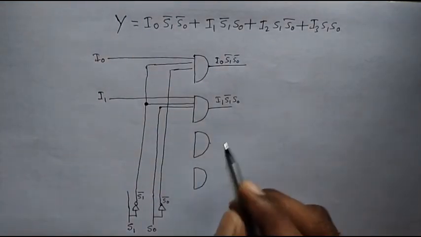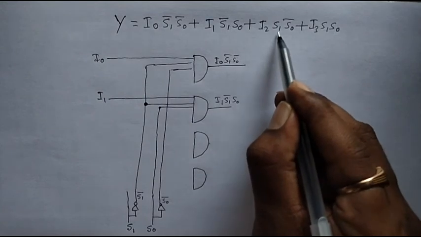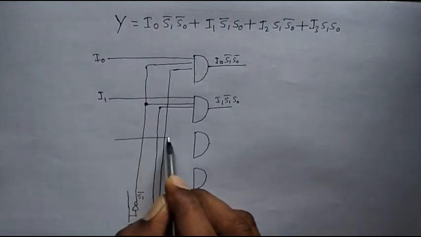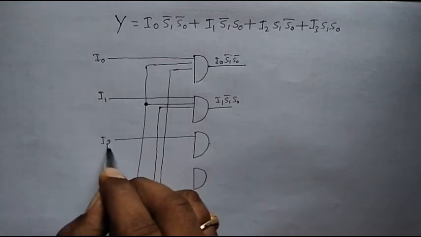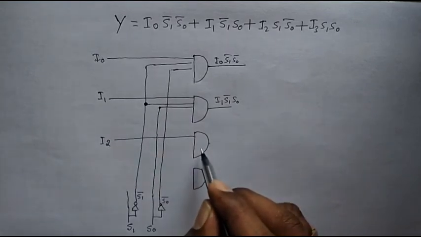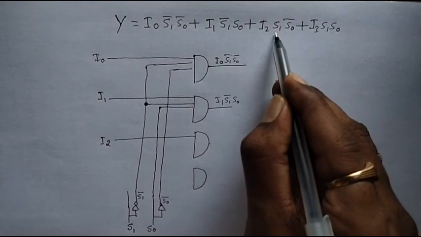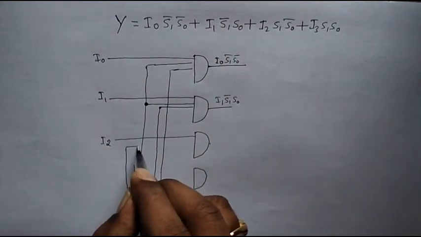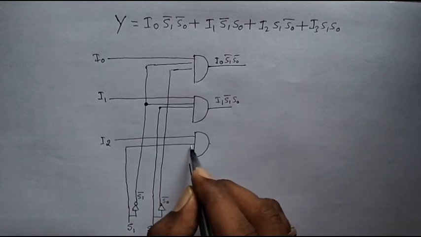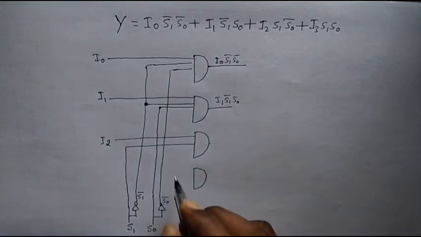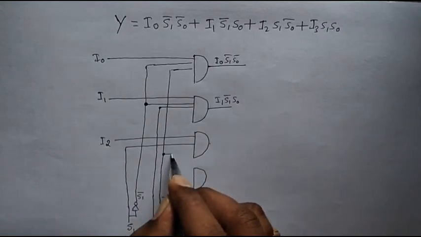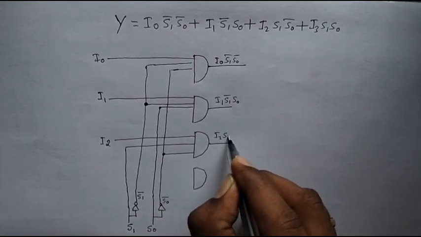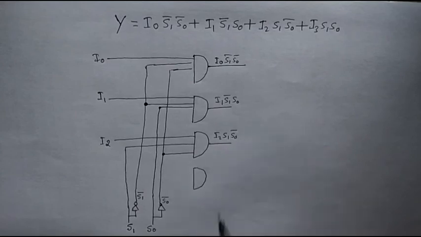Next, for the third AND gate, the terms are I2 S1 and S0 bar. I2 is connected directly to the third AND gate, and another input is S1. This is the S1 line, and S0 bar is available here. So the output of this is I2 S1 S0 bar.